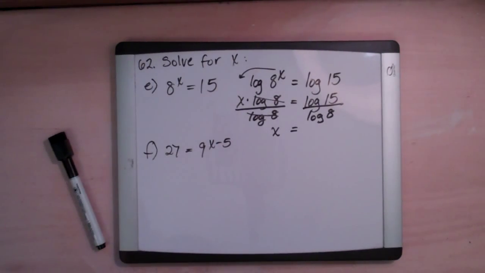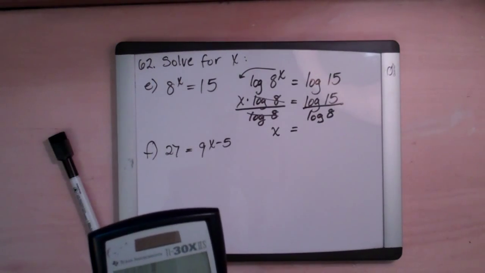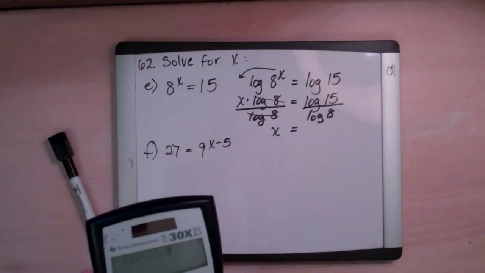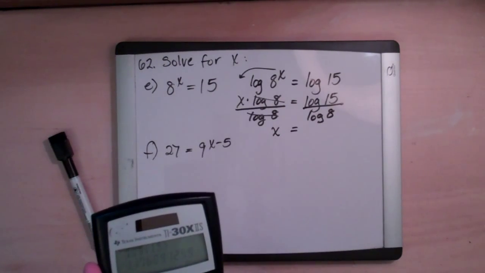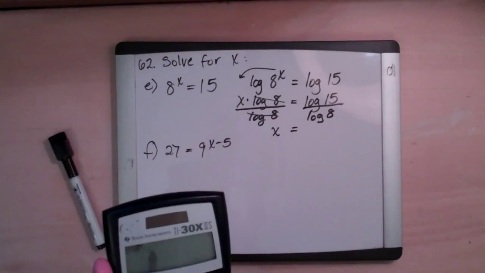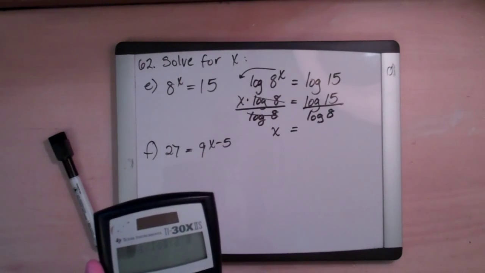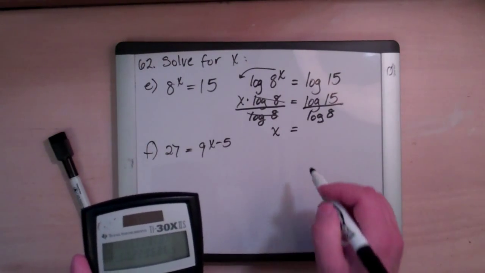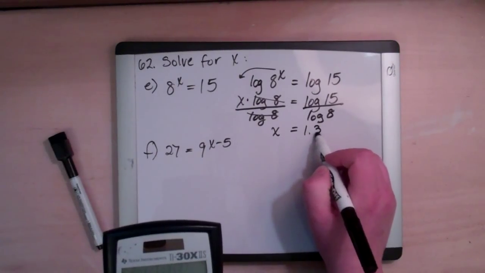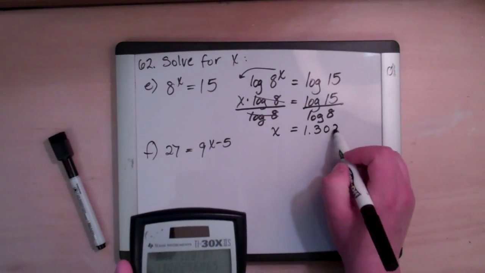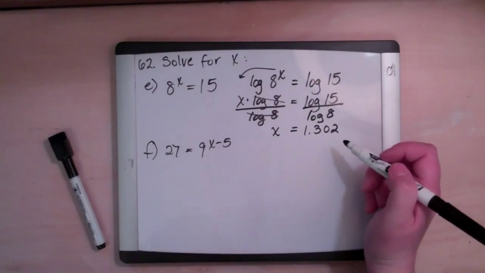my calculator. I'll punch in, I have to clear it out, so I'll punch in log 15, close parentheses, equals, divided by log of 8, close parentheses, equals 1.302, and let me go back and look at the directions for a moment.